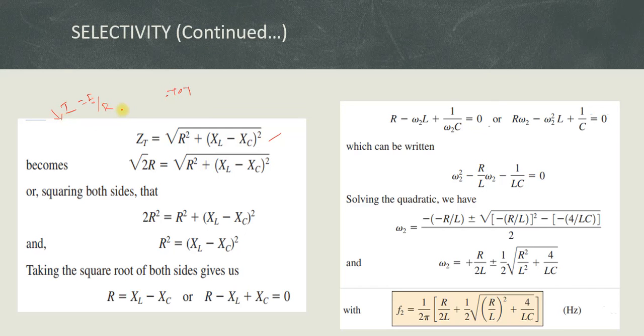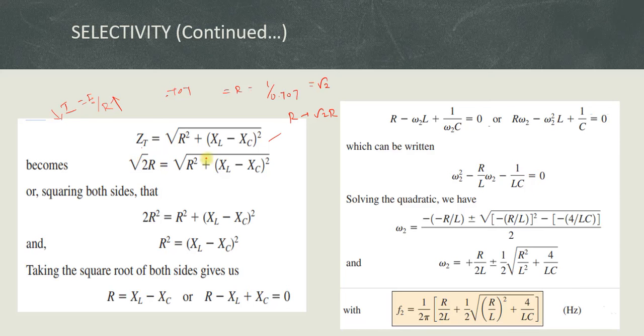If current is reduced, automatically my resistance is increased by the same factor. Therefore my R is increased by 1 by 0.707 times. We know that 1 by 0.707 is root 2, so my impedance is increased from R to root 2 R when the half power frequency occurs, so this ZT is replaced by root 2 R.